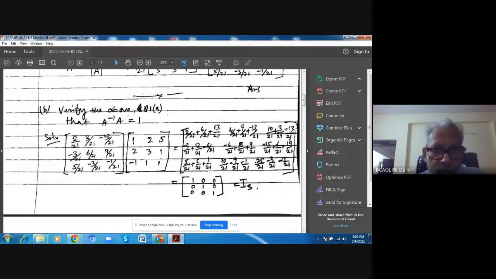Now coming to this part. This part is pertaining to second column. So second column again is multiplication order. So 2 into 4, 2 into 2, 4 by 21 plus 3 into 3. In this case, what happened?